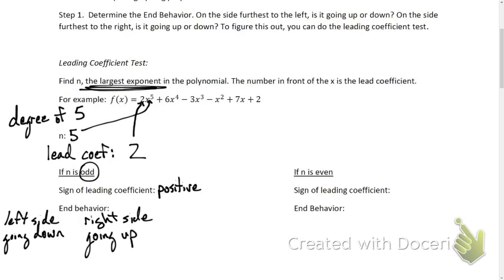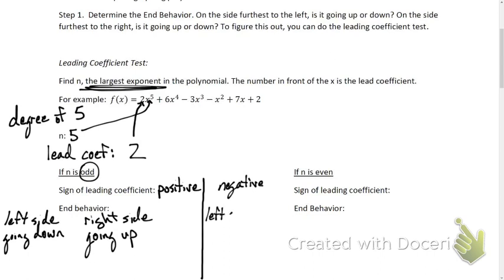Now, I wrote out that function up there just so we would have something to look at first. But to be honest, there are 4 ways this could play out. It could be odd and positive, or I should have added a line here. It could be odd and negative. And if the sign flips, then the end behavior flips.